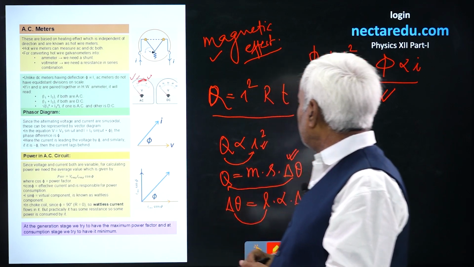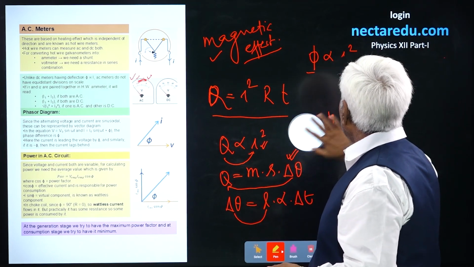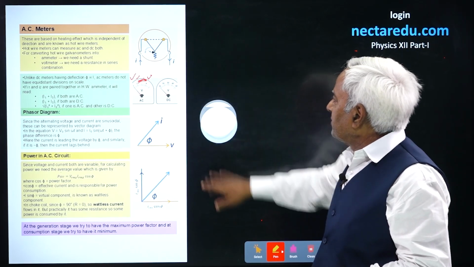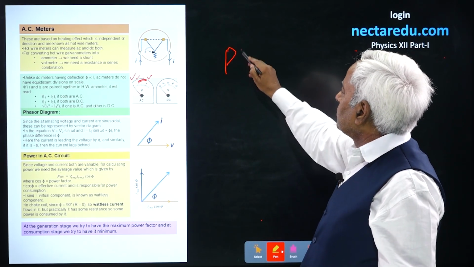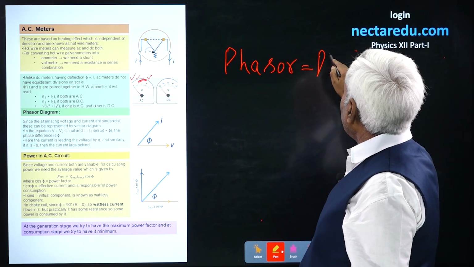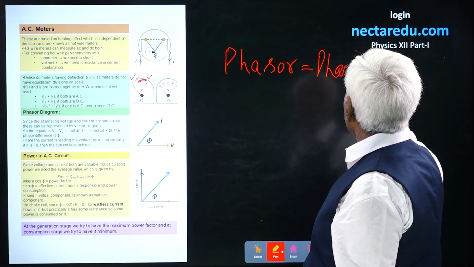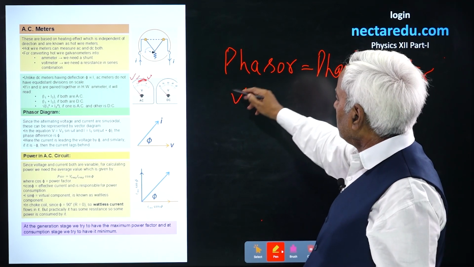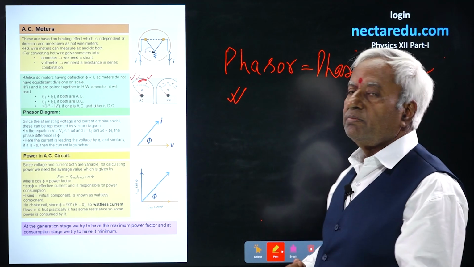Then what is phasor diagram? This also you must know. Phasor diagram, the term phasor itself is composed of two terms, that is phase and vector. Phase and vector, two terms have been combined to find this new term.